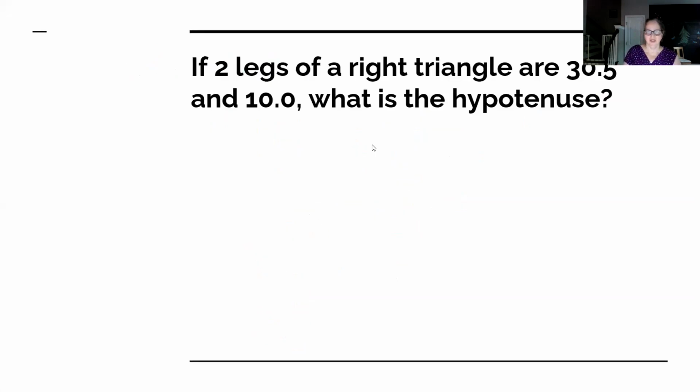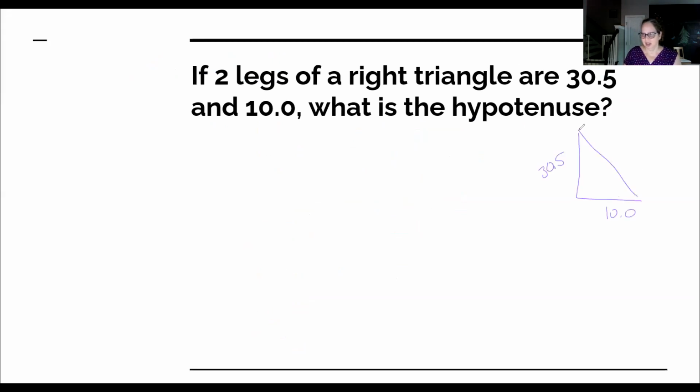All right, if 2 legs of a right triangle are 30.5 and 10.0, what is the hypotenuse? What do we have to remember here? Pythagorean theorem, a squared plus b squared equals c squared. Yep, it can come up anywhere. It does not matter which is a or b. I'm just going to make a 30.5, but you could do it the other way, b 10.0. I got to solve for c.